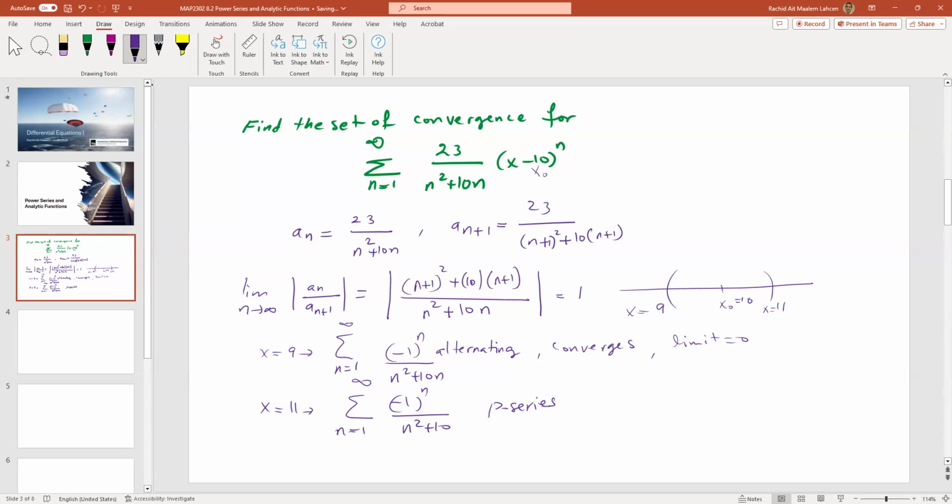But you can test the limit and it does converge, and that p is 2. And from A, B, and C, we get that the set of convergence is the closed interval 9 to 11. Okay.